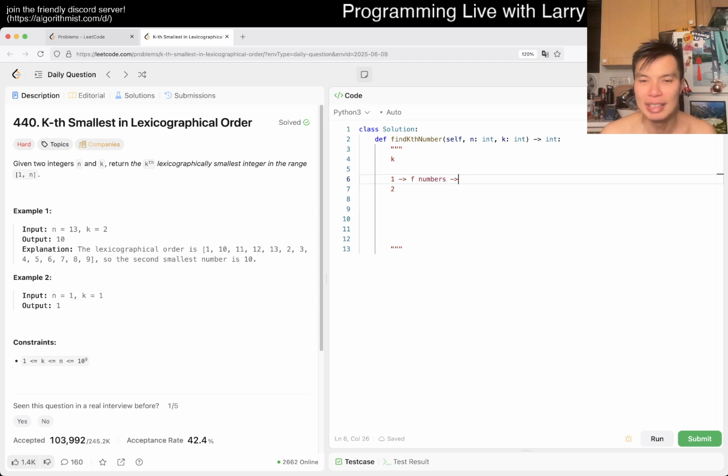And then of course, if f is greater than k, let's just ignore the equal signs for now, because off by 1 is very easy. Let's say f is greater than k. Well, that means that the first digit is not 1, right? But if f is less than k, that means that the first digit is 1. Let's just say for the purpose of this exercise, f is less than k.